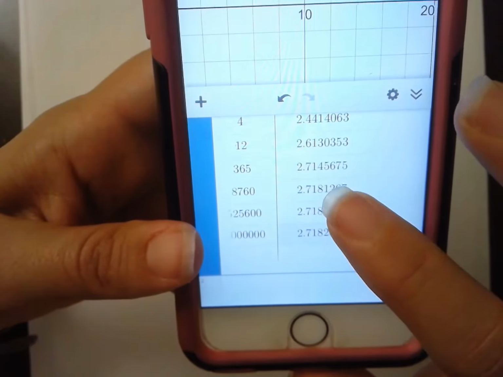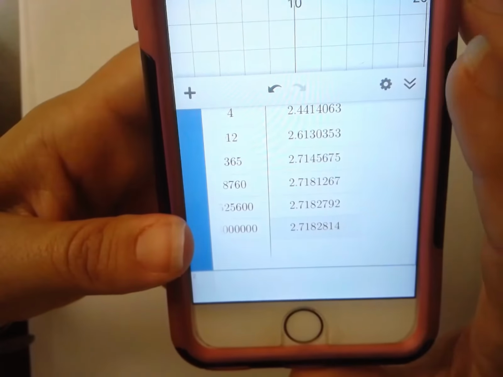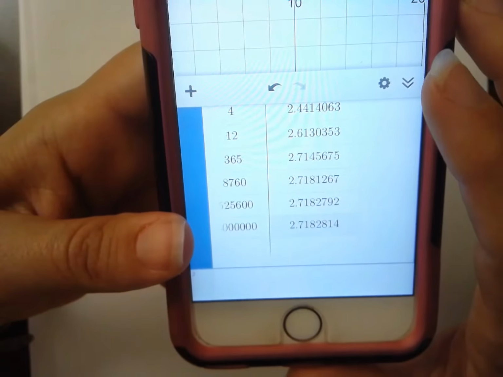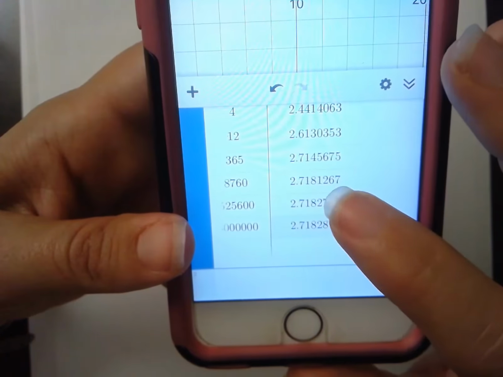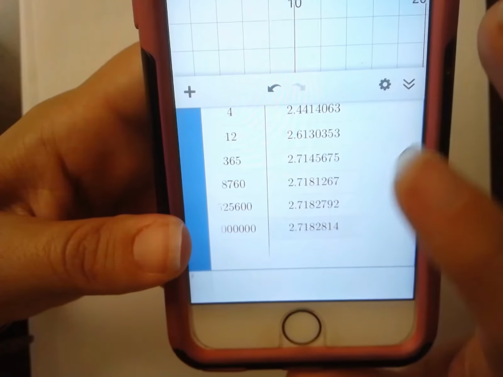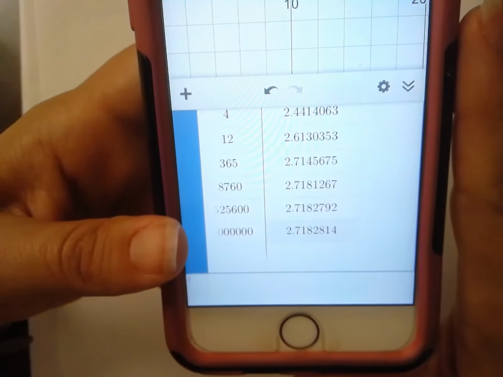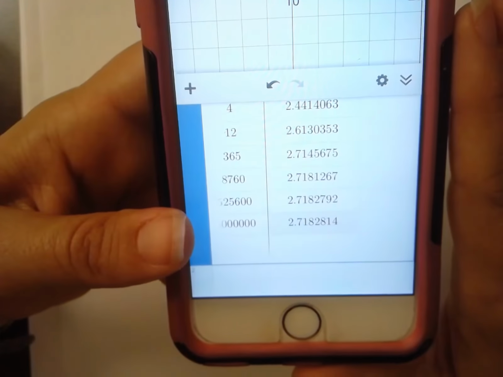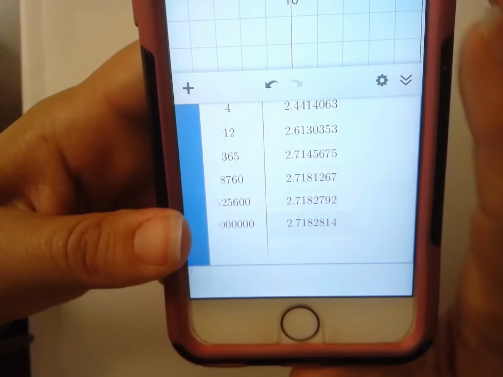Now you notice that's a really big jump between 365 and 8,760, but my decimal places still match: I still have 2.71 here. The second one would actually round up to 2.72 when I look at the third decimal, but really these are matching to 2 decimal places.